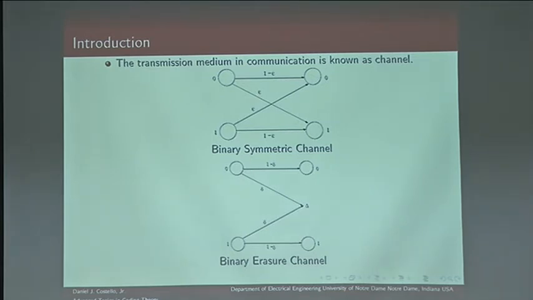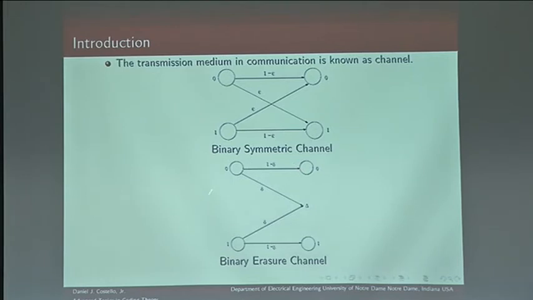So epsilon is called the crossover probability or the channel error probability for a binary symmetric channel. It's a parameter that describes this channel. This is a simple but very practical channel model, because this is actually how a lot of digital communication systems are built, and the channel is described by a single parameter, epsilon.